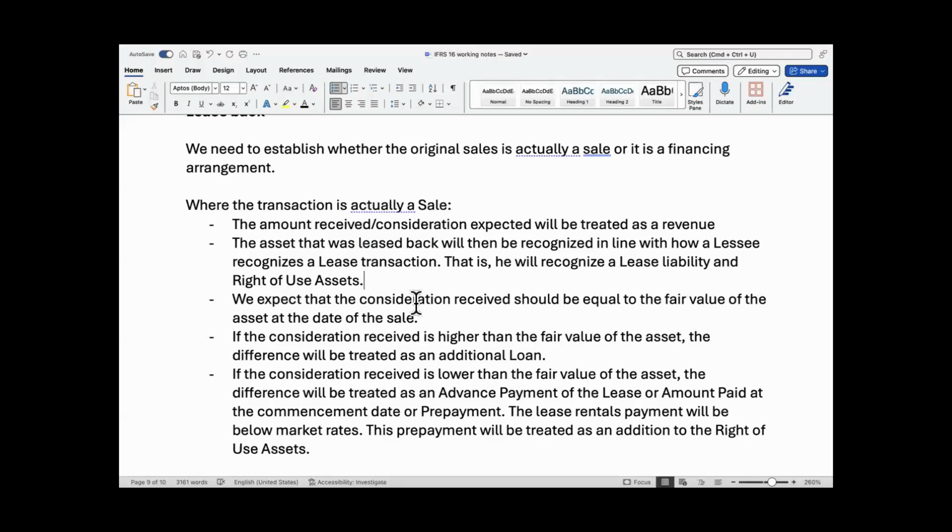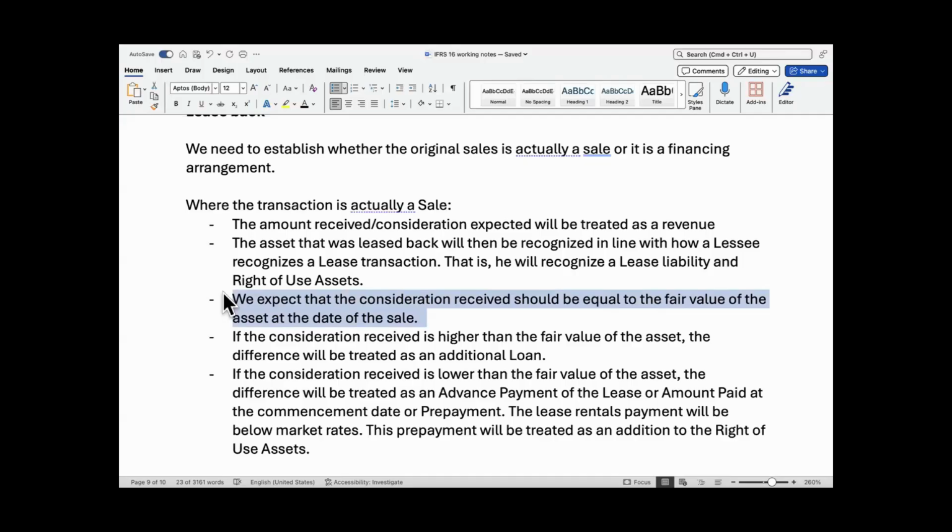Now, we need to check whether the consideration you received in this transaction is equal to the fair value. So this is where we want to cover loopholes, where consideration received is not equal to fair value. We want to use this to cover all possible loopholes they might want to explore in this type of transaction.